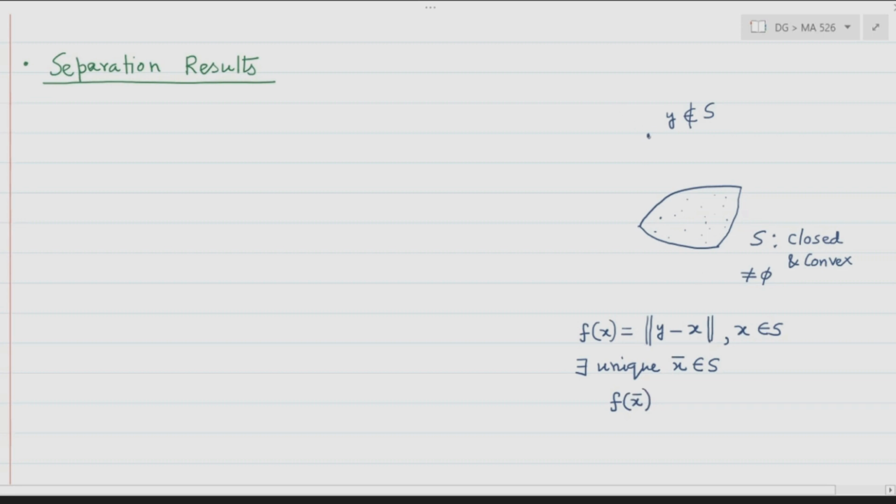Geometrically, from y you take distances to all the elements in S and you get a minimum distance.